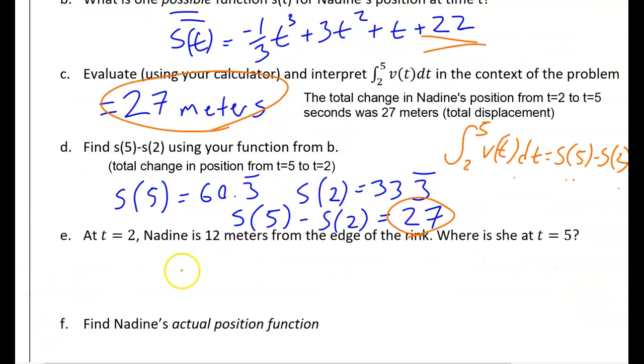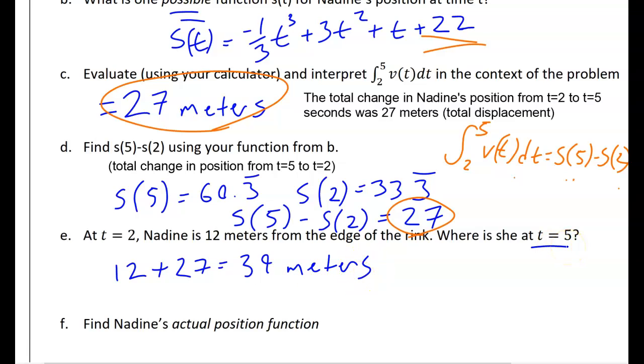And then these last two, we already know how to do e. It's going to help us get to f, right? So f asks us for the actual position function. Well, what we would do here, we've done this before, right? Is we would take 12 plus 27 would give me 39 meters at t equals 5.